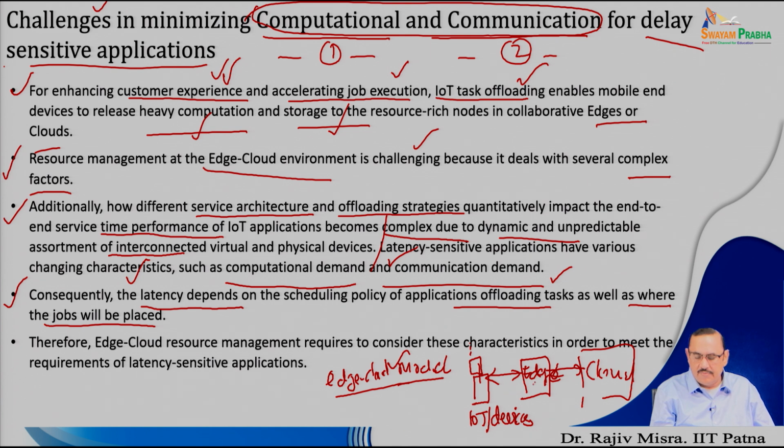Now, coming to the scheduling or the task offloading. The IoT devices will offload the tasks to support the latency sensitive applications. So, it has to understand the availability of the resources, whether they are available at the edge, which is very close by to the devices, so the latency can be minimized.